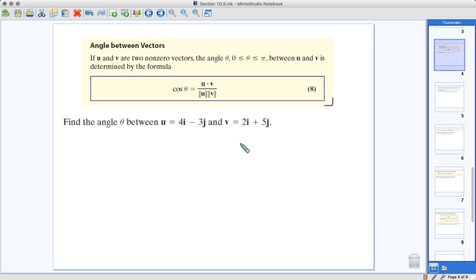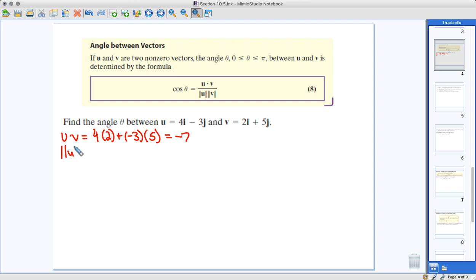All right, so the way that we can apply this is we can first find the angle between vectors. So got two vectors. If we use this formula, we can find the angle between them. So I have to find my three pieces. I need to find U dot V. That's 4 times 2 plus negative 3 times 5, which is 8 plus negative 15, so negative 7.